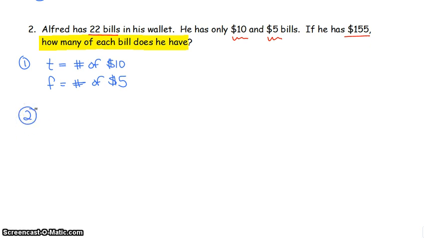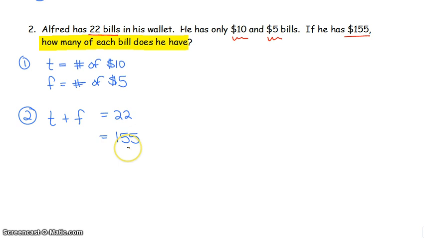Alright, now we need to come up with our system. We've got two totals. He has a total of 22 bills, and he has a total of $155. So we've got quantity and dollar value, two different totals. If he has a total of 22 bills, well, T is the number of 10s, F is the number of 5s, so if I add the number of 10s and the number of 5s, I get a total of 22 bills.